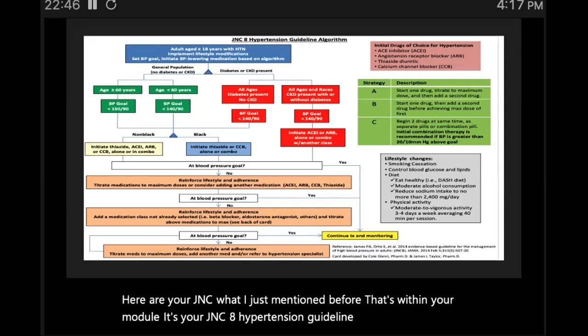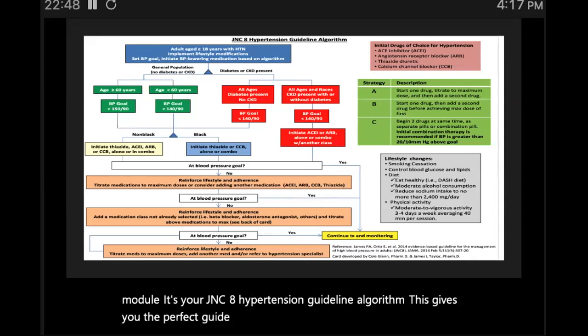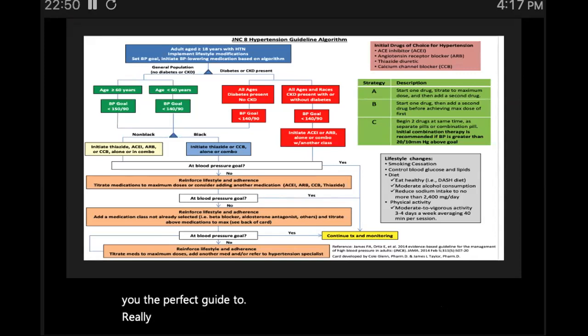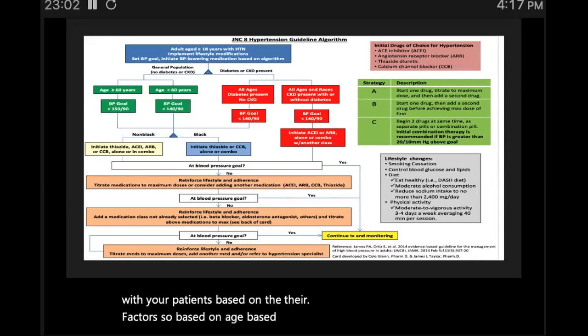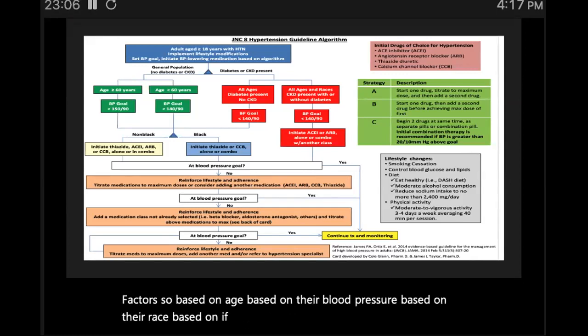This gives you the perfect guide, with very exact information on what you will be doing with your patients based on their factors. So based on age, based on their blood pressure, based on their race, based on if they have diabetes or CKD.